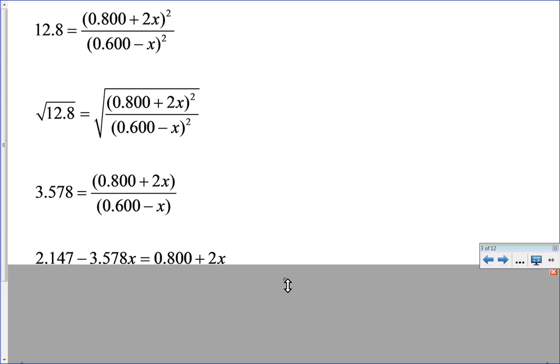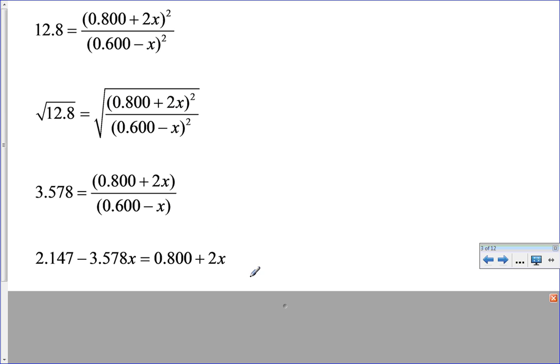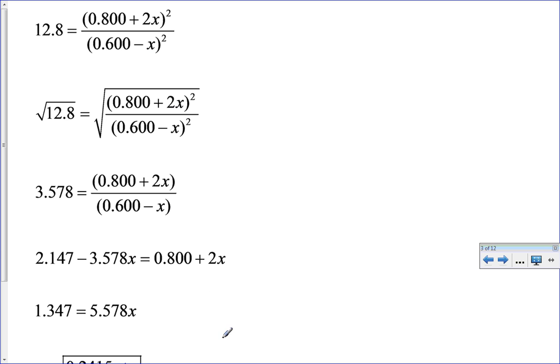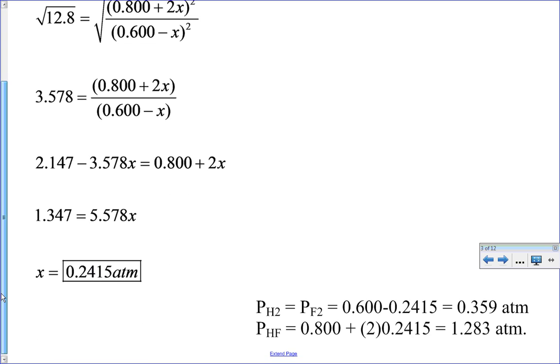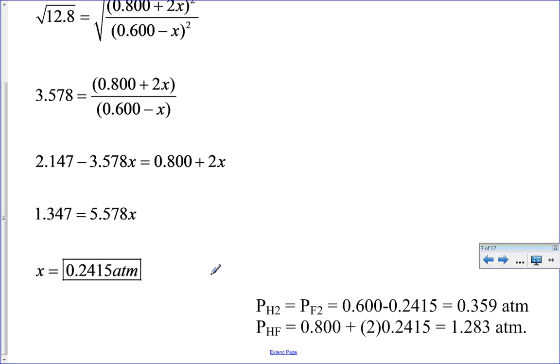So at this point, it's a question, can you distribute by moving the denominator over to the left side of the equal sign? And then can you determine the value of x? Once you know the value of x, you have to plug it in.